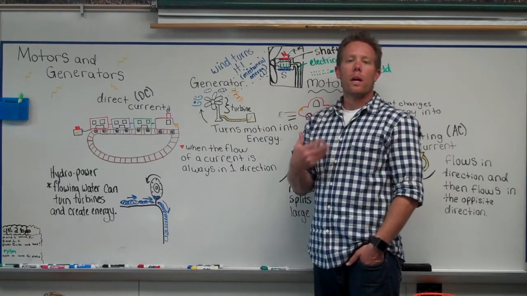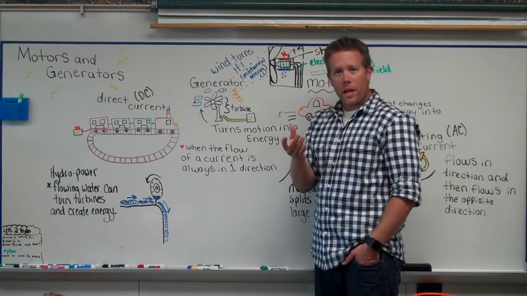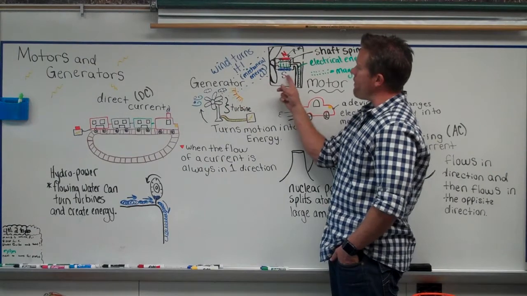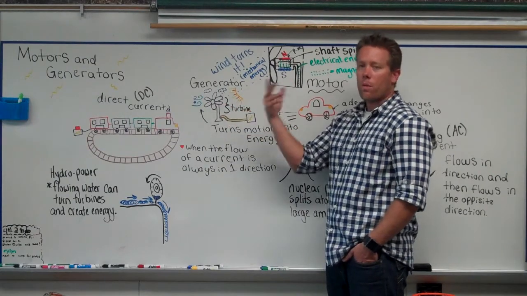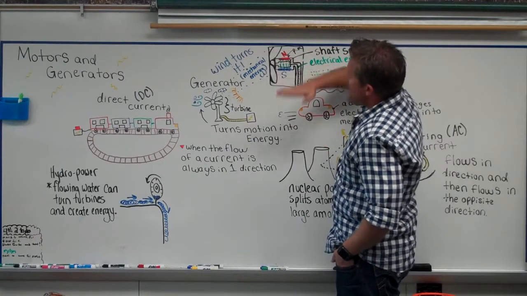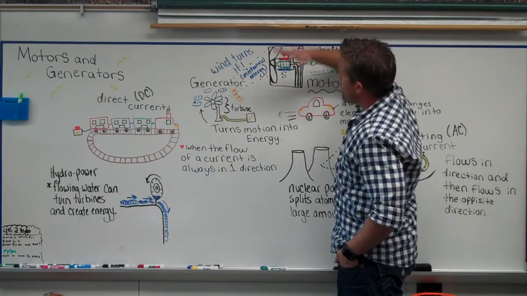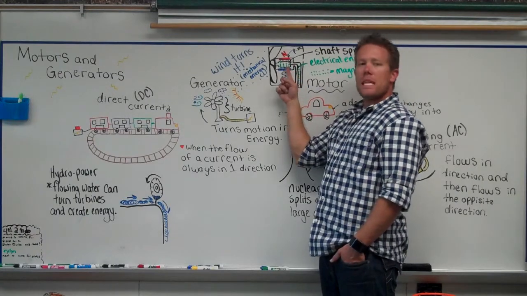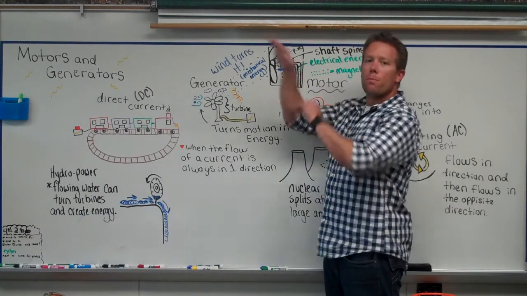How does this mechanical energy get turned into electrical energy? Let's look at this close-up here. Okay, so this is a close-up view of this turbine here. Alright? Inside of the turbine, the fan is moving like this, which causes this loop to move.